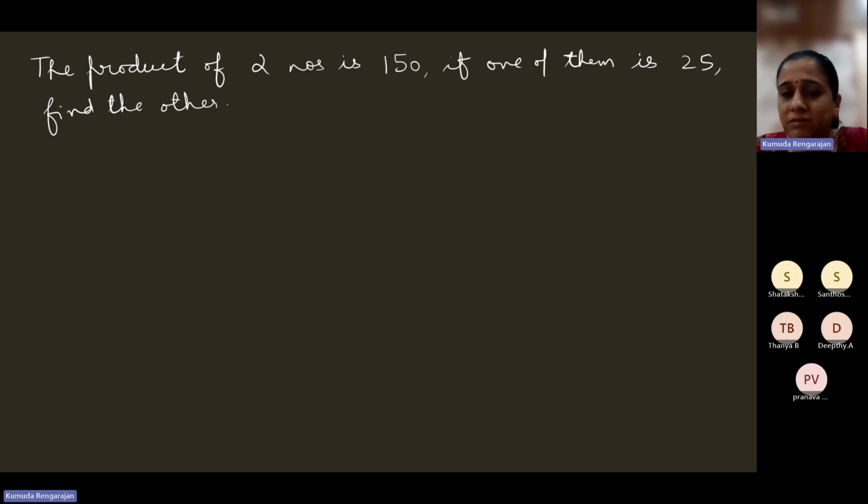Will you add, subtract, multiply, or divide? The product of two numbers is 150. If one of them is 25, find the other. To find the other number, which mathematical operation will you use?